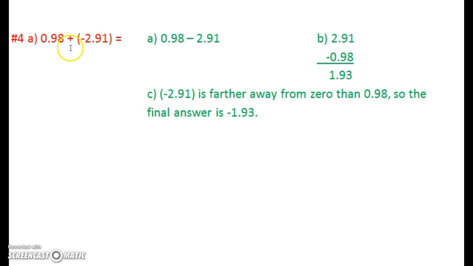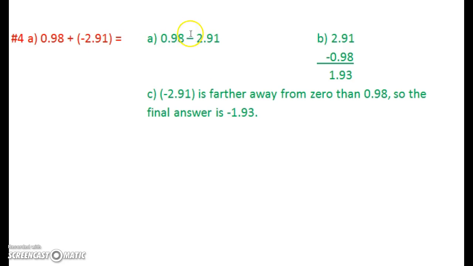Here we have question 4a. We have 0.98 plus -2.91. So following our adding and subtracting rules that we just referred to, we know because we have a plus sign and a negative sign here, we're going to subtract.